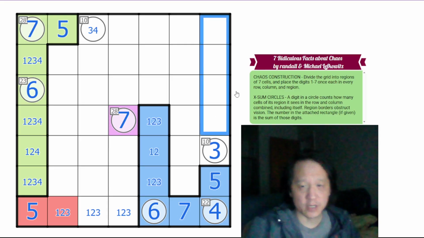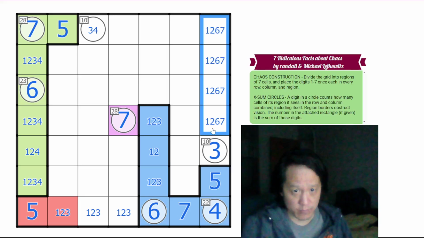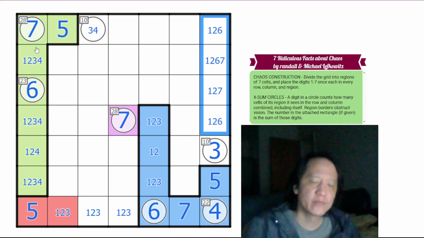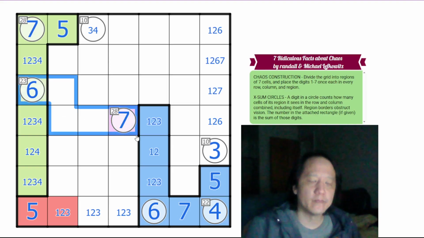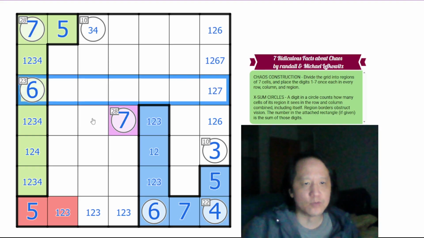Remaining digits in column 7 are 1, 2, 6, 7. This can't be 7, no 6, no 7, because of the 7 and 6s in the region. Or sorry, in the rows.